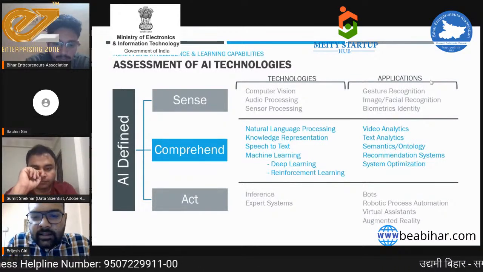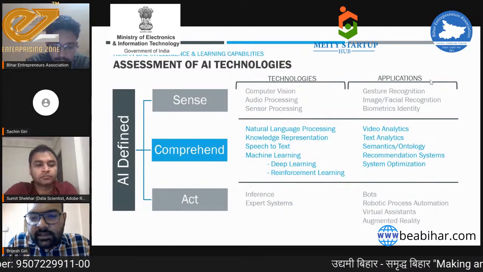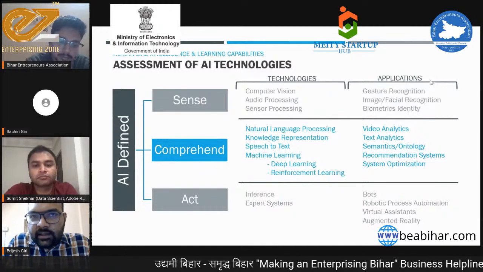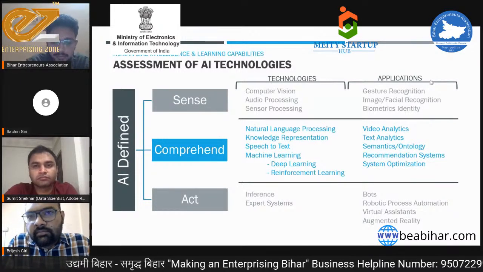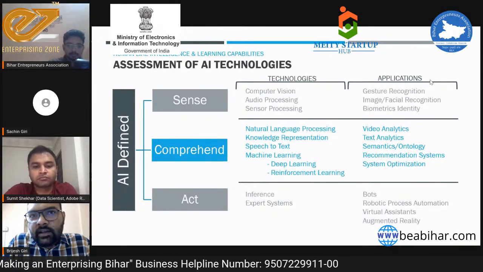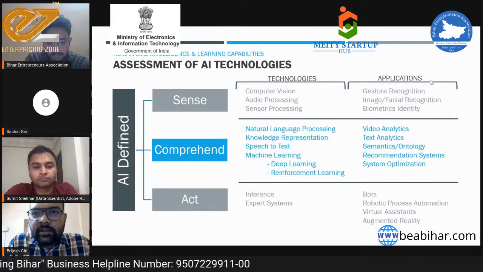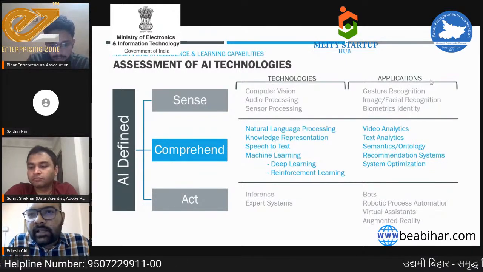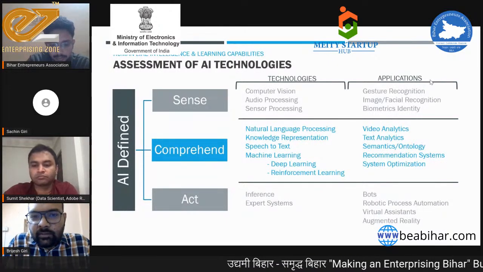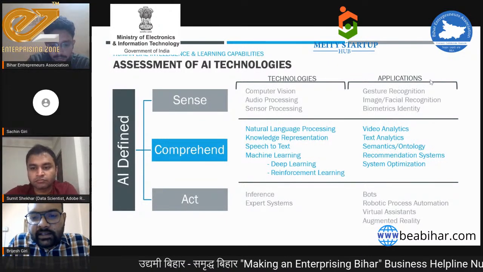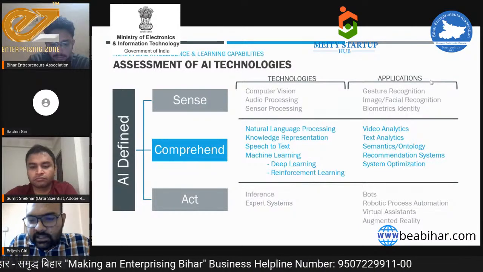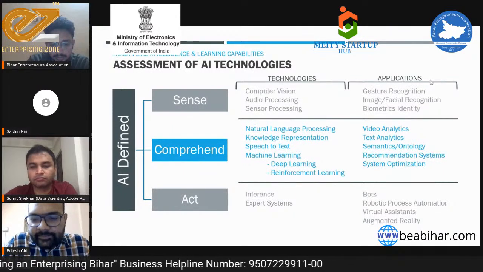The other applications are video analytics, text analytics, deriving ontology from text, and creating recommendation systems. If you go to Amazon and buy certain things, you get recommended other products based on your buying pattern, right? And this is also enabled by a recommender system, which is basically a machine learning technique, right?